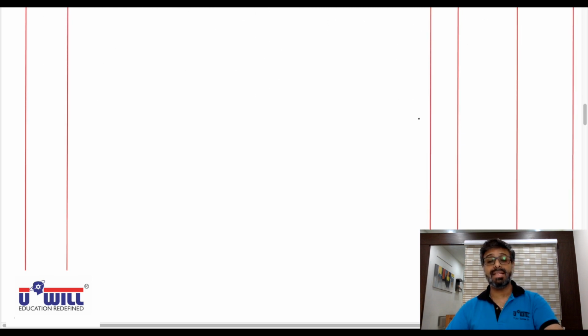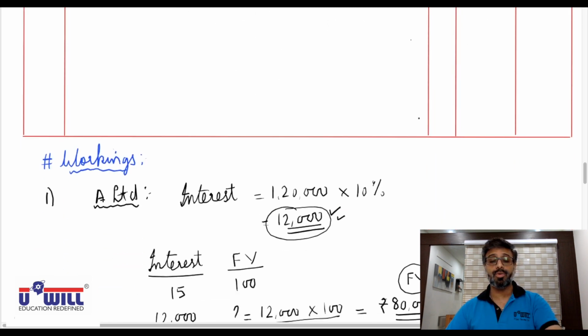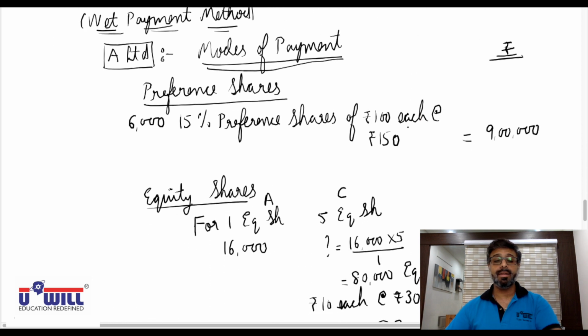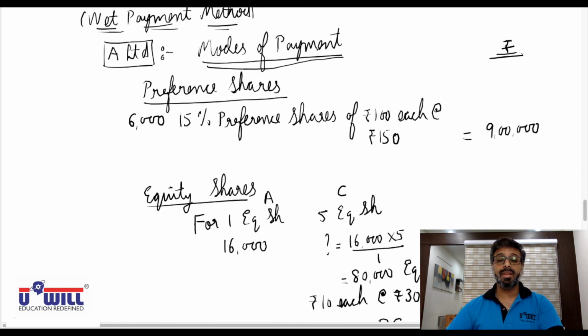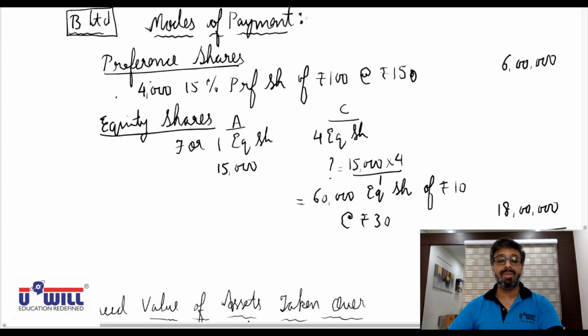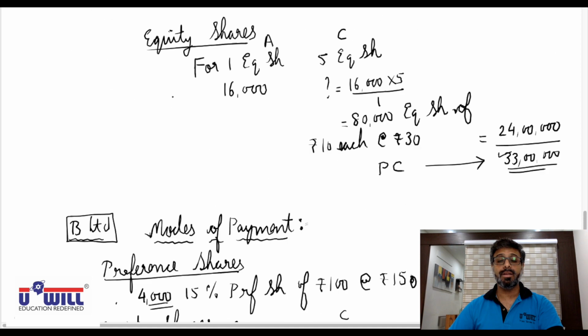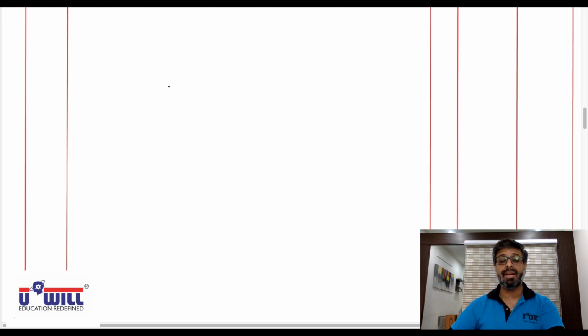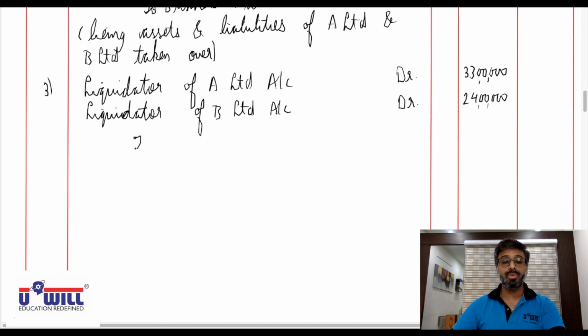Now, how are we paying this 57 lakhs? Look at working note 2, methods of payment. Preference shares. We are giving 6,000 preference shares to A Limited and 4,000 preference shares to B Limited. So to preference share capital account.